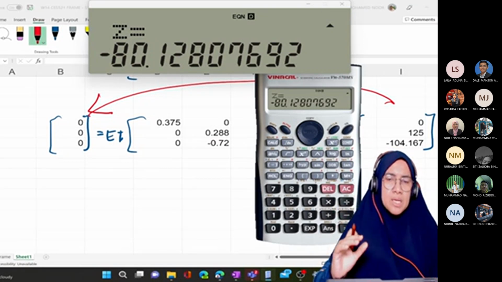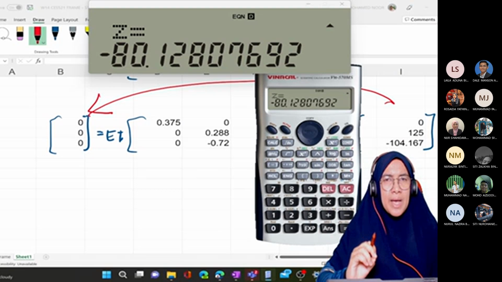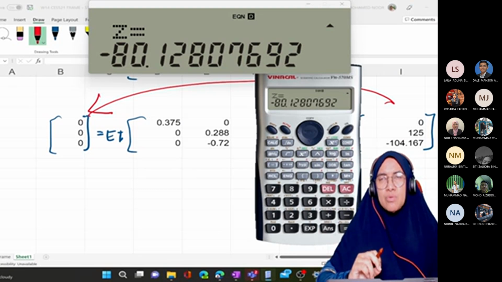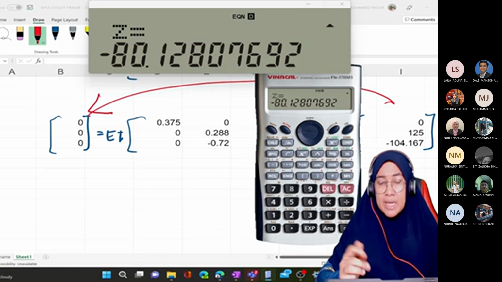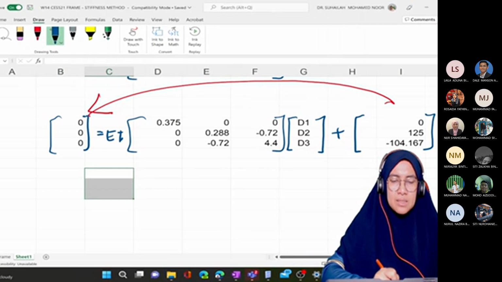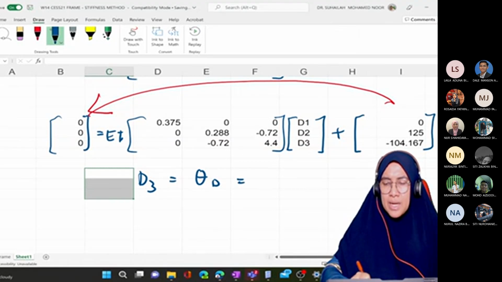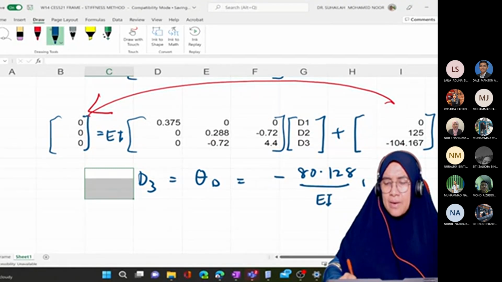Okay, so from the simultaneous equations we get D3, which is equal to the rotation at joint D, negative 80.128 divided by EI radian.